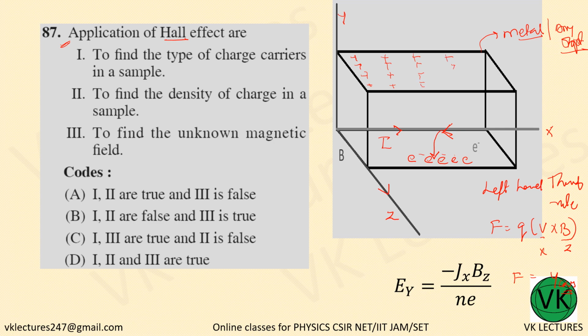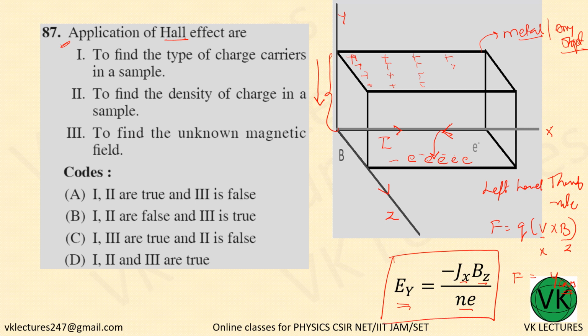So there is a potential developed. This is the positively charged plate, this is the negatively charged plate, and an electric field is developed in the negative y direction. So Ey is given by minus Jx Bz by Ne. This is the value of the electric field developed.